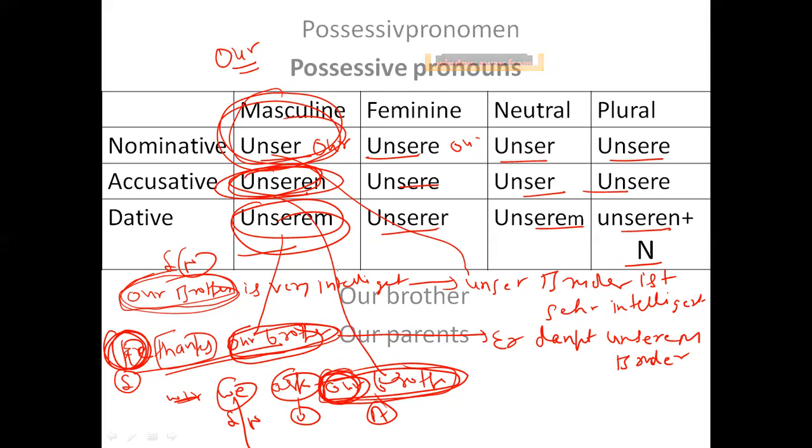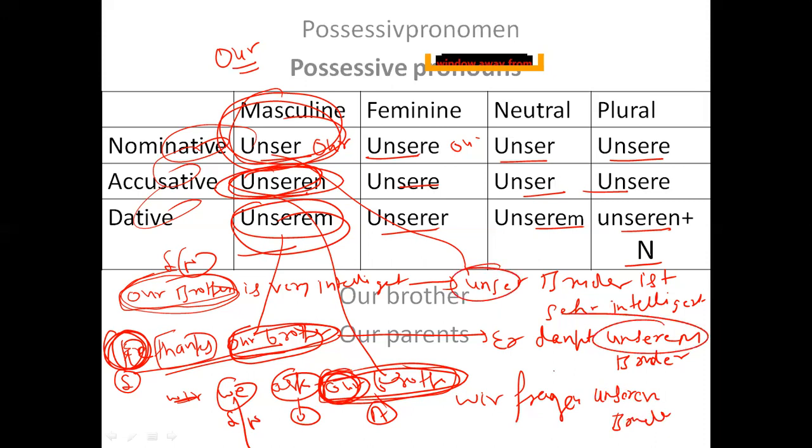But in German it changes. That depends on whether it is nominative, accusative or dative. So German would be Wir fragen unseren Bruder, right? So our is changing. Sometimes it is unser, sometimes unserem, sometimes unseren.